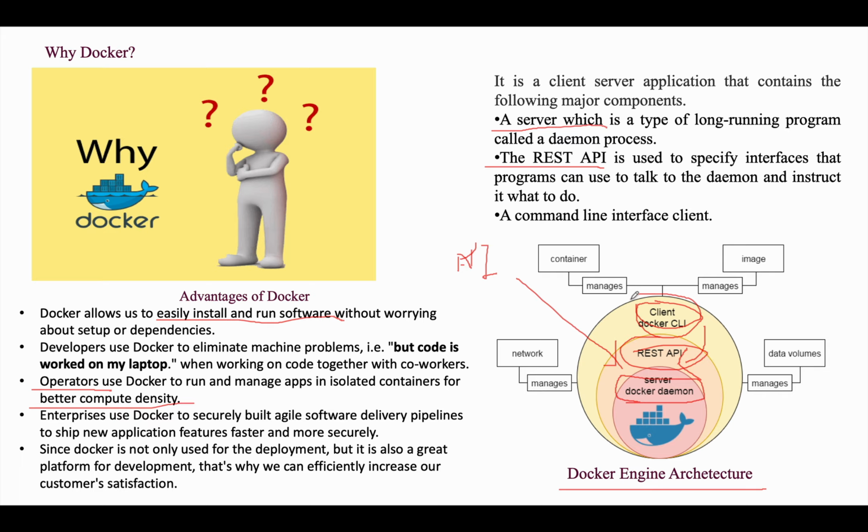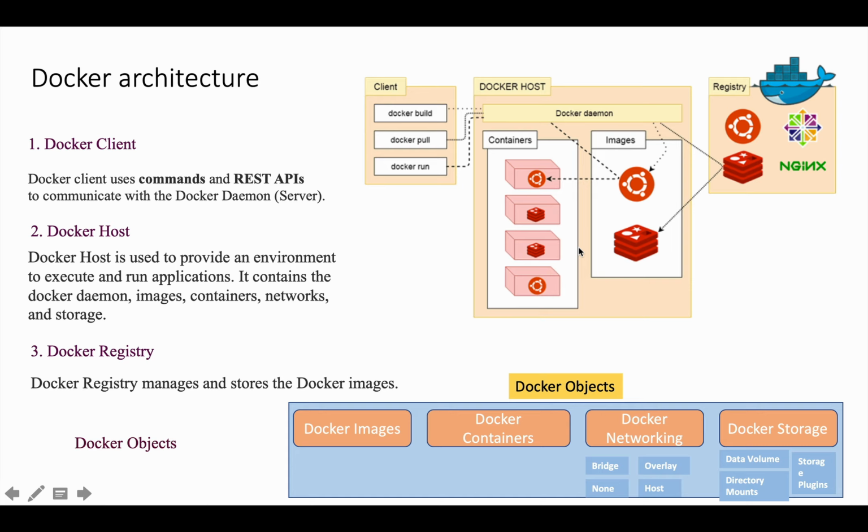It will interface with the server, and there are also some other Docker objects such as the network, data volumes, and images, and at last we package up the applications and the containers.